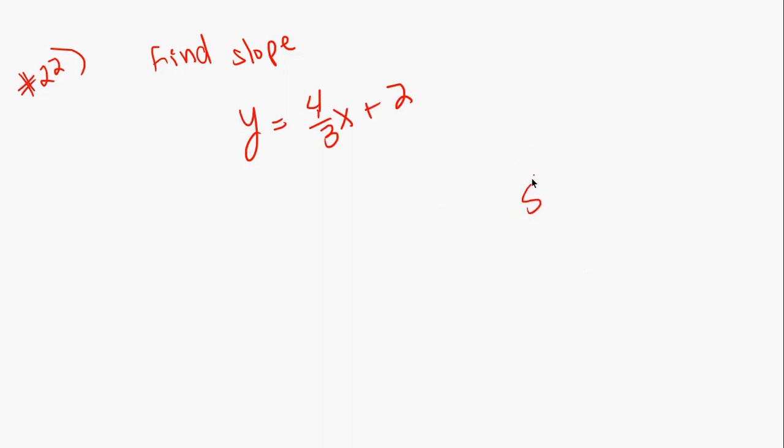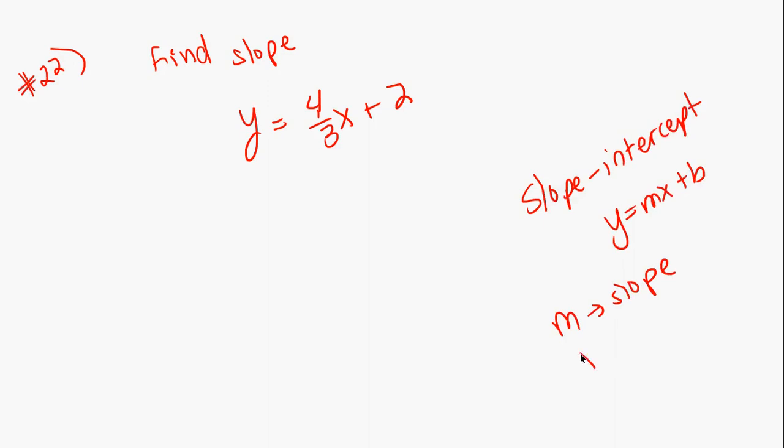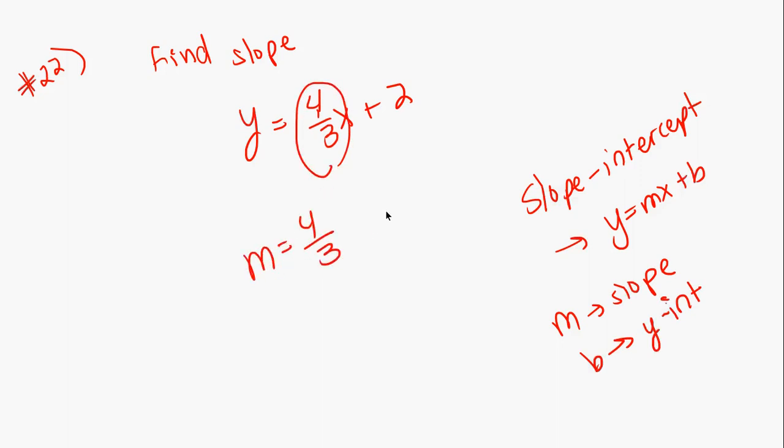Keep in mind, slope-intercept form, which is what we've been using in these sections, is y equals mx plus b. m is your slope, b is your y-intercept. So when they ask you to find the slope, as long as it's in this format, your slope is this, 4/3.